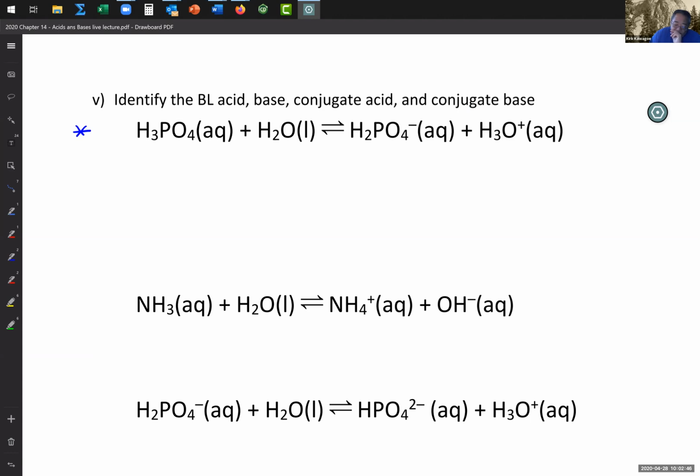And then we'll go over how you're supposed to know. But try to take a guess at what each one of these things are. So for H3PO4, right? What happens there? What do you think to yourself?